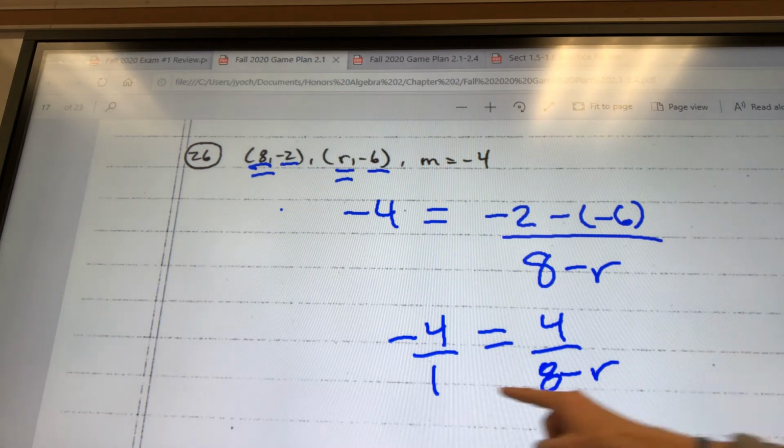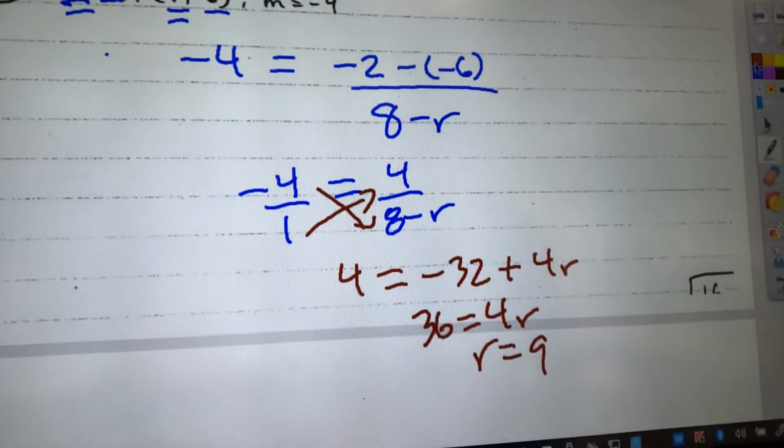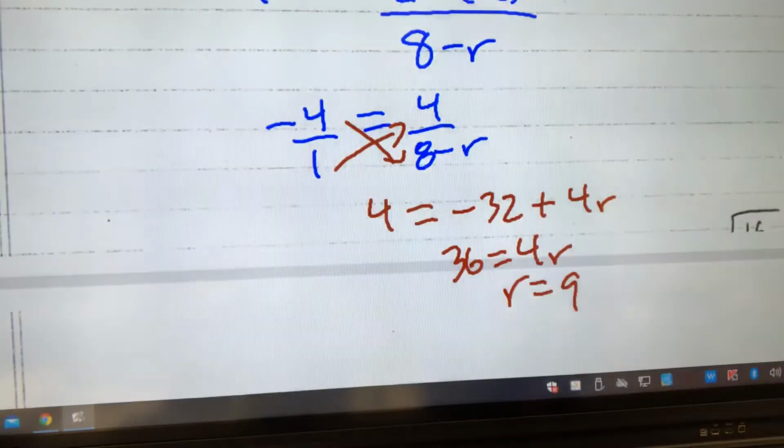Time to cross multiply. 4 is equal to negative 32 plus 4r. 36 is equal to 4r. R is 9. How about that? R is 9. Trying to get that to stay there.